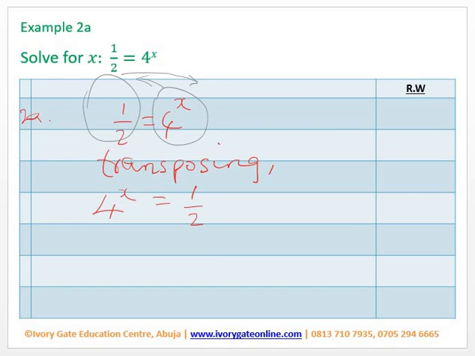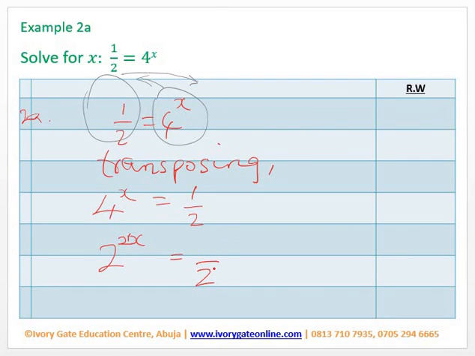Good. This time I'm more comfortable with the equation. Then the next thing to look at is, can I make 4 and 2 to be on the same base? Yes. I can have something like 4 is 2 raised to power 2. Then the x is equal to 1 over 2 raised to power.